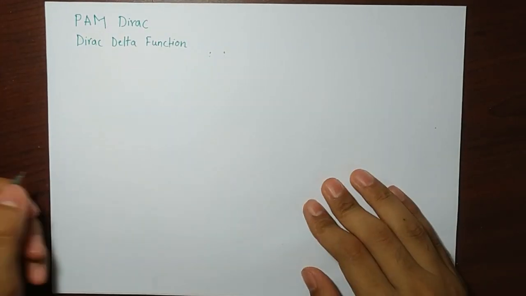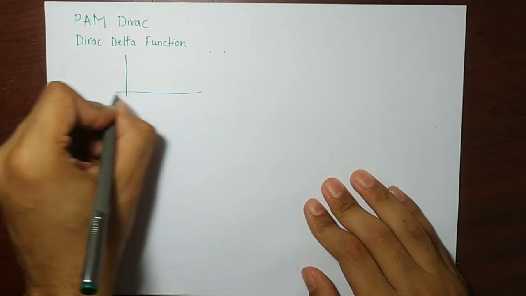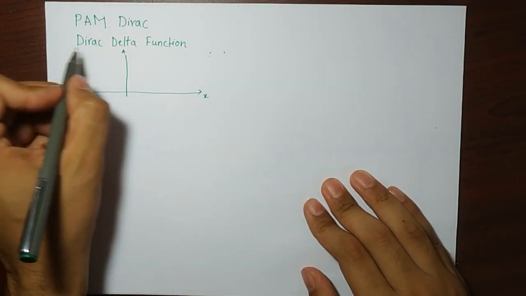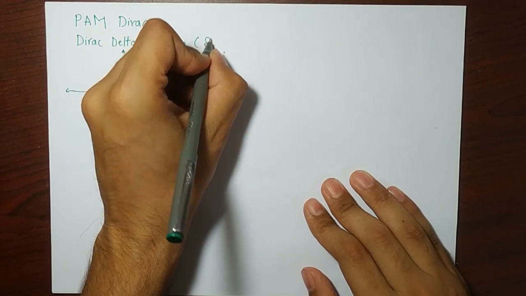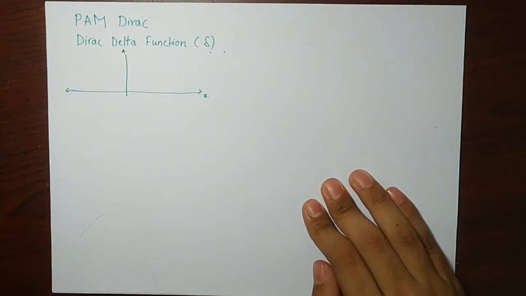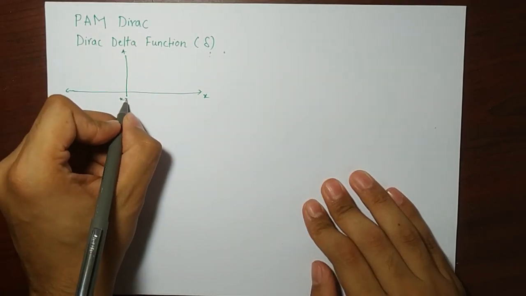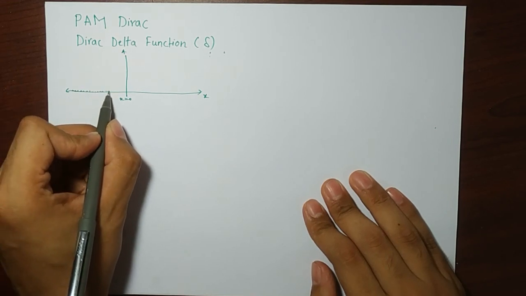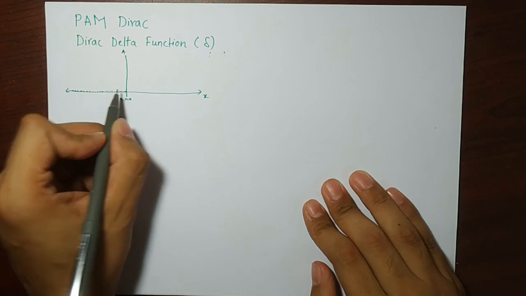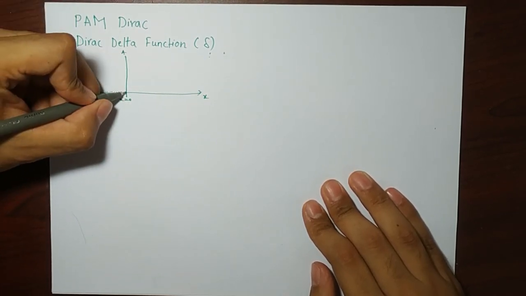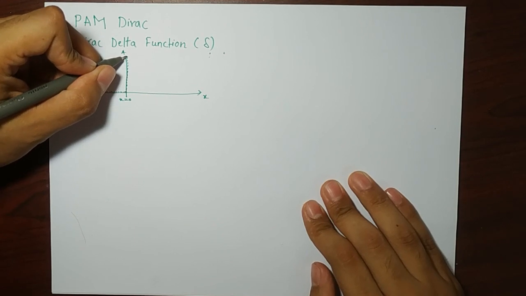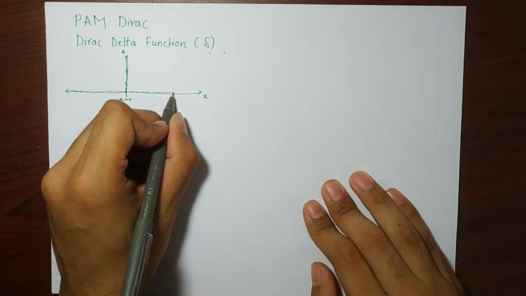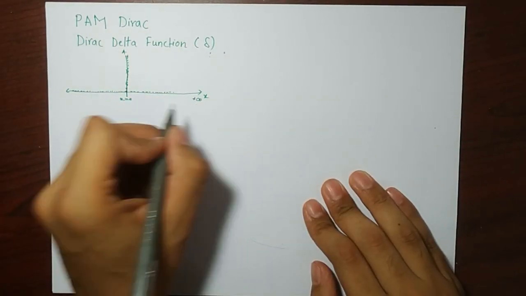According to this function, if you have an x-axis and this is amplitude, the Dirac delta function, which is denoted by this delta, basically says that the value of this function remains 0 throughout the x-axis except at x equals 0, where it shoots up, and then it suddenly comes down to 0 again, and remains 0 till positive infinity.